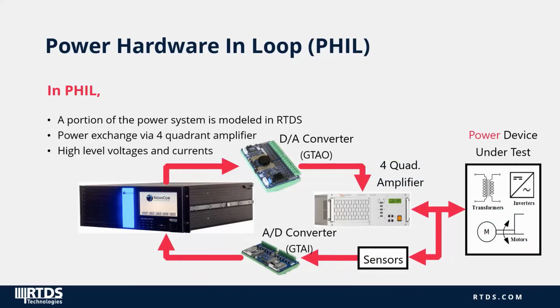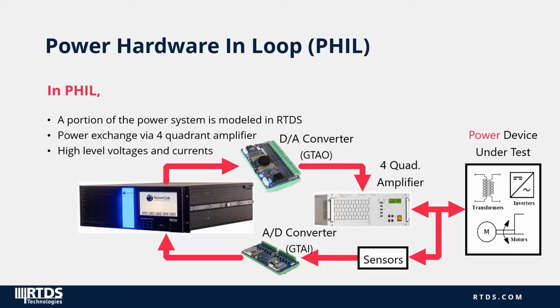Okay, now if we move on to looking at a power hardware in the loop setup, here you can see we have a setup where we have a power device being interfaced with the RTDS simulator. Now this power device could be any high power device such as a motor or an inverter. The idea is that we want to interface this power device with the simulator such that it behaves as if it was really connected to the power system being simulated inside the RTDS.